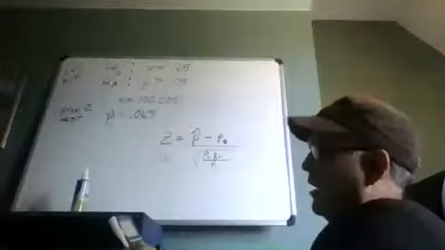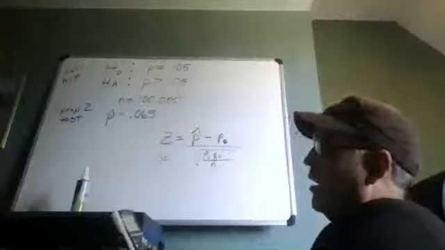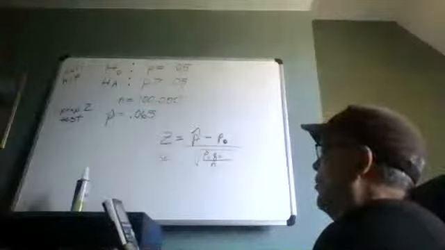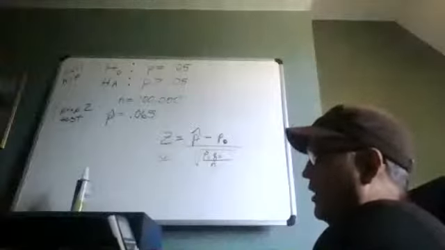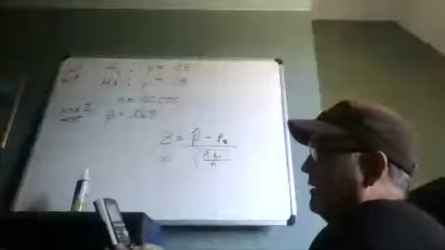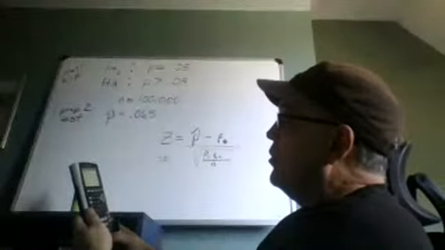Let's find that standard error first. It is the square root of 0.05 times what? q would be 0.95, divided by our n, which is large. We're not used to it, and the book doesn't usually have n's this large, but we're talking about the whole United States, so I'm going to do 100,000.